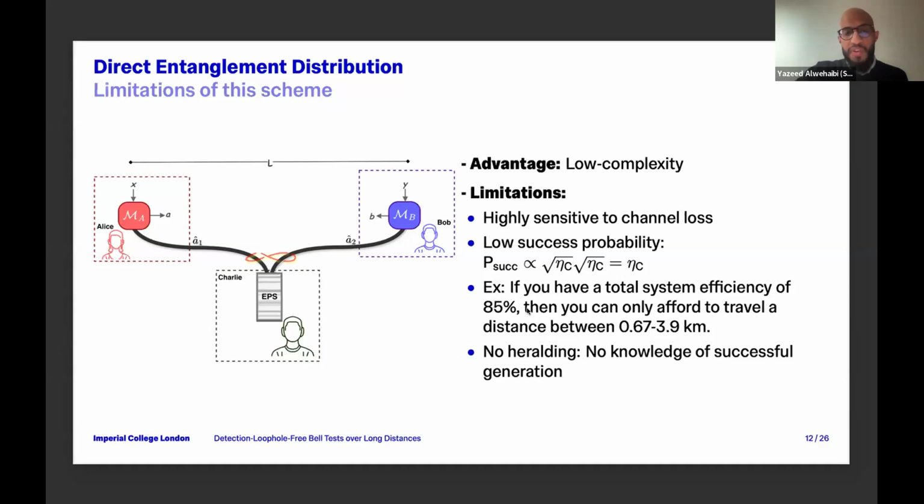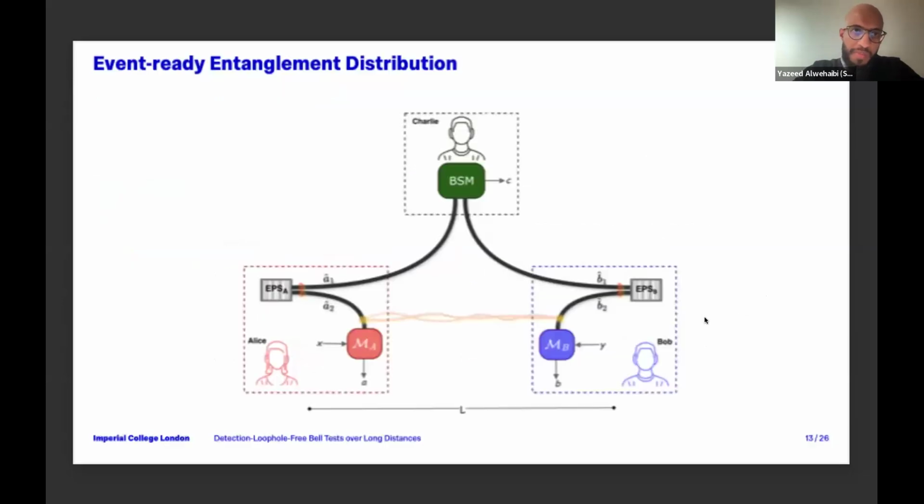And that means if you are only considering the loss of the channels themselves, not the losses of the detectors, then you can only travel between half a kilometer to 4 kilometers at most. Another disadvantage of this scheme is that if you're using SPDC sources, then there is no heralding, and these sources are probabilistic, and you do not really know which events were successful when generating the entanglement.